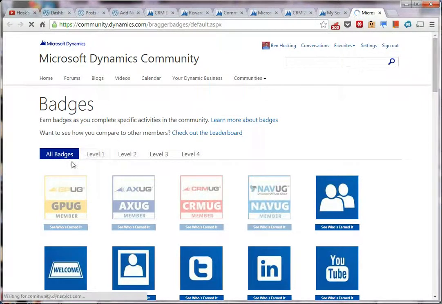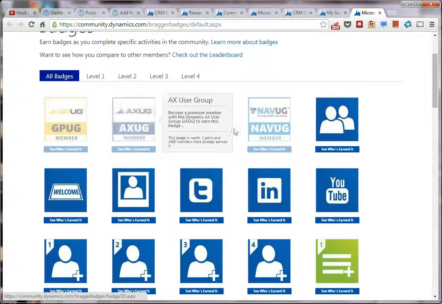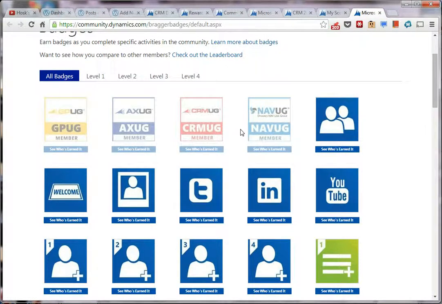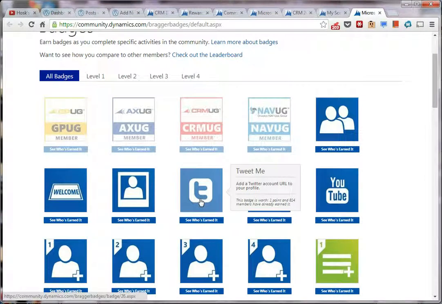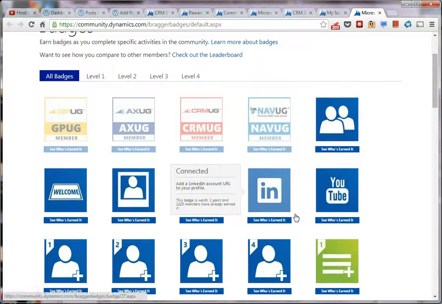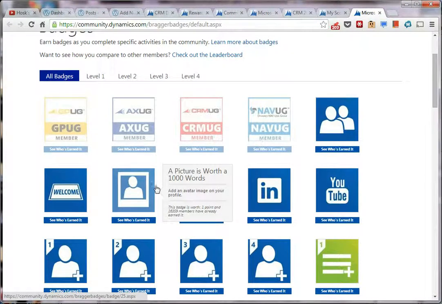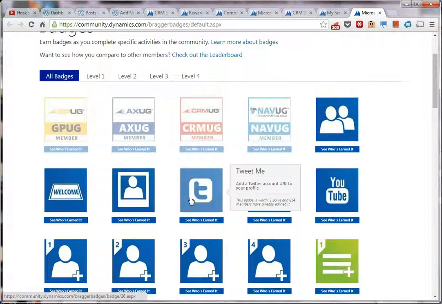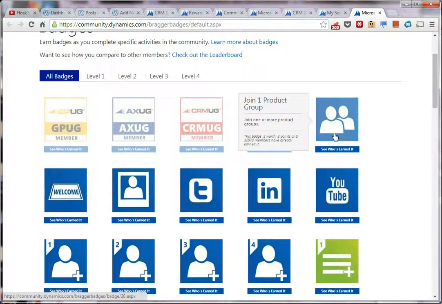If you go to all the badges, you can see it will now show you all the badges. The ones that are easy to get: if you have a YouTube account, just add these, fill in all the details on your profile, and you'll get some badges. So you put a picture up, you have a Twitter account, LinkedIn account, YouTube account, join a forum.